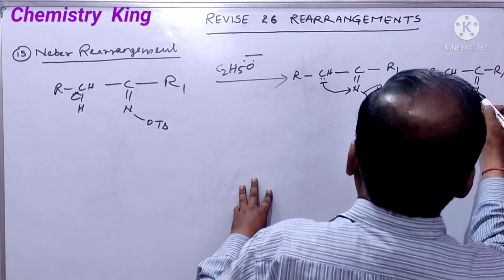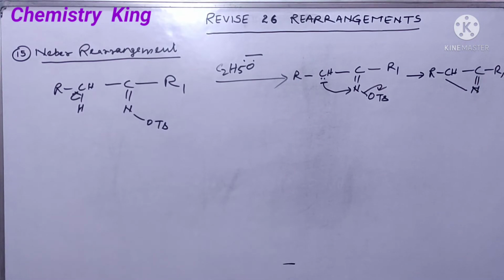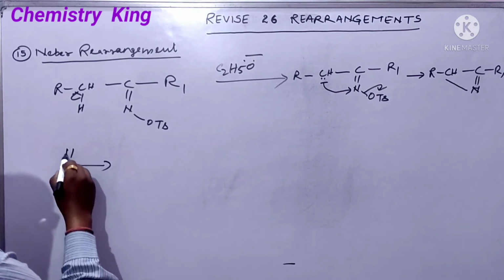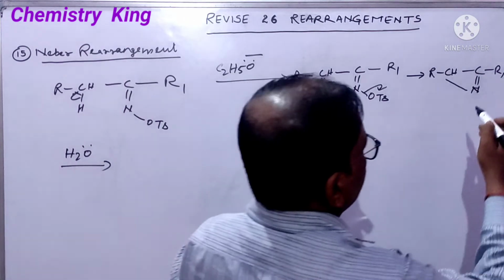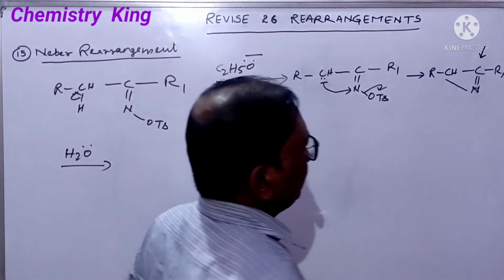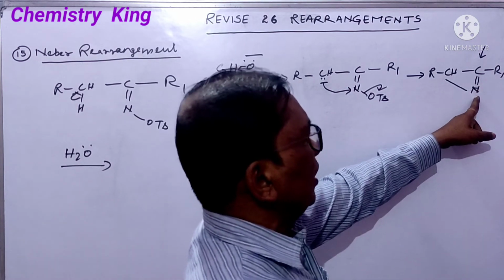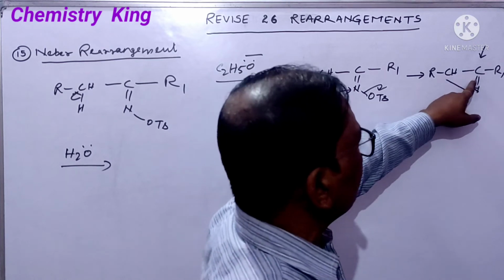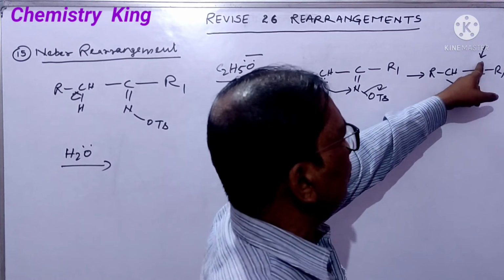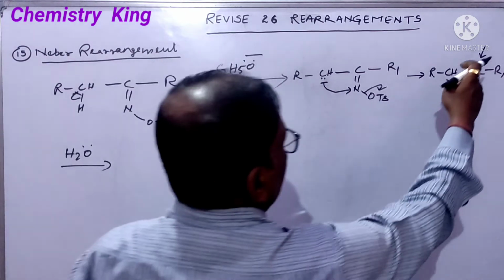It is a three-membered ring. Now the question arises, this solvent will act as a nucleophile. This lone pair of electrons will attack at this carbon, not at this carbon, because it has a double bond and nitrogen is here. Due to this double bond it has more delta plus than this. Due to this delta plus, this nucleophile will attack here.